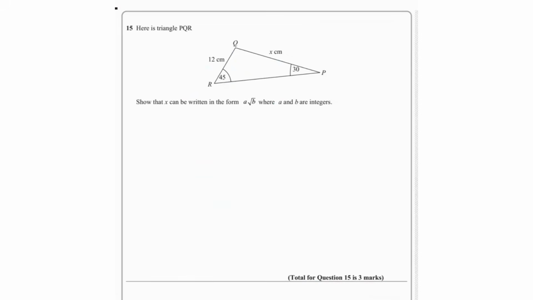Then it says, here's a triangle PQR. Show that x can be written in the form of a root b, where a and b are integers. So we can see that over here, we have one complete pair of length and angle, which means we can use the sine rule. In order for you to use the sine rule, it needs to be a non-right angle triangle, and the triangle needs to have one complete pair of angle and length.